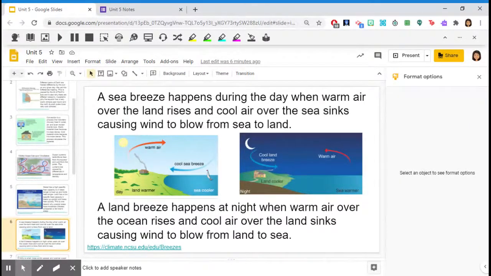It is the cold, sinking air, the high pressure from the land, moving to the warm air, low pressure, where it's rising. Cool air sinking, warm air rising. That convection cell creates a land breeze at night, but a sea breeze during the day. And it's because of the different heat capacities of water versus land.